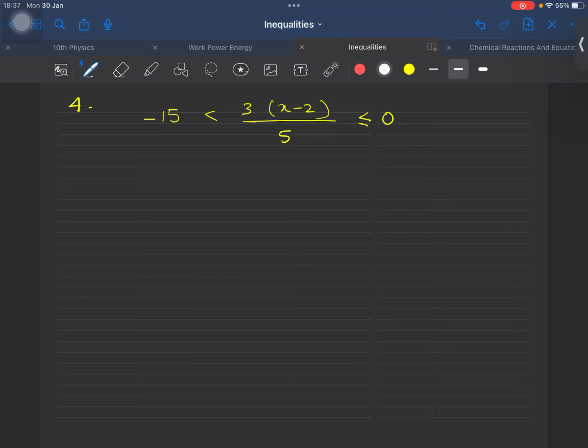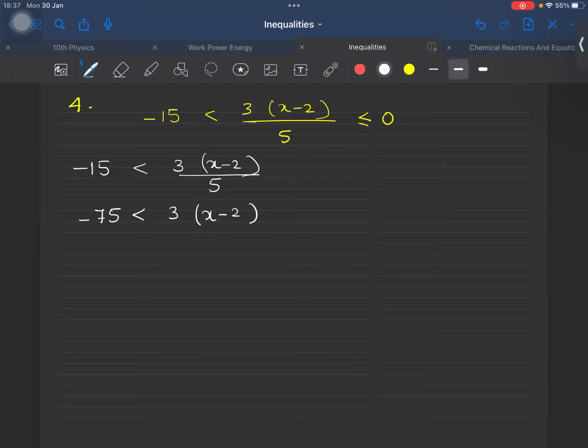So first we are going to solve negative 15 should be lesser than 3 times (x minus 2) upon 5. Let's multiply 5 on both sides. On the left-hand side we get negative 75, lesser than 3 times (x minus 2).